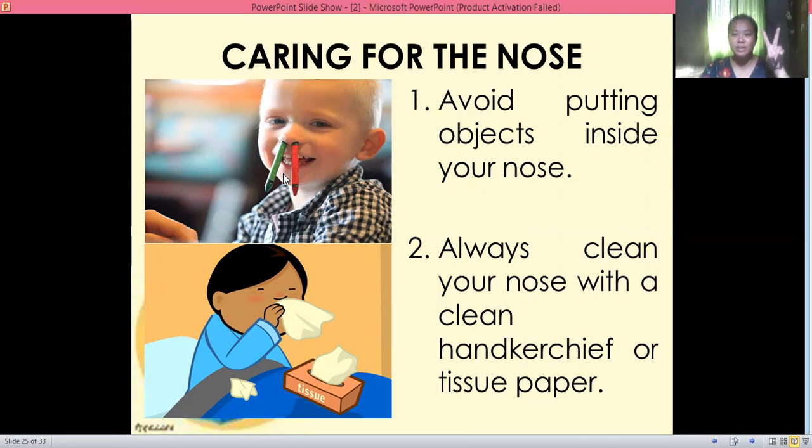Okay, number 2. Can you please read, boys? Use a clean handkerchief or tissue paper when you're cleaning your nose. Very good, boys.